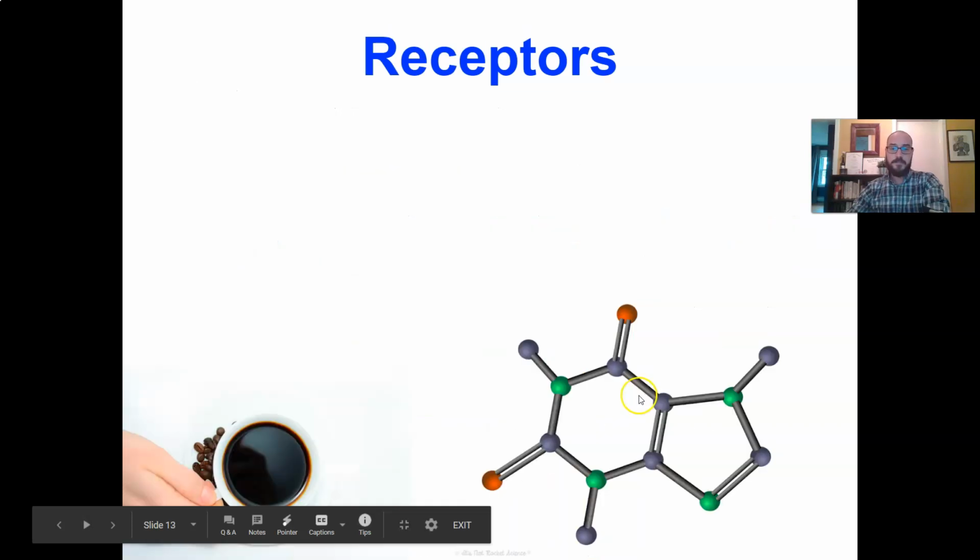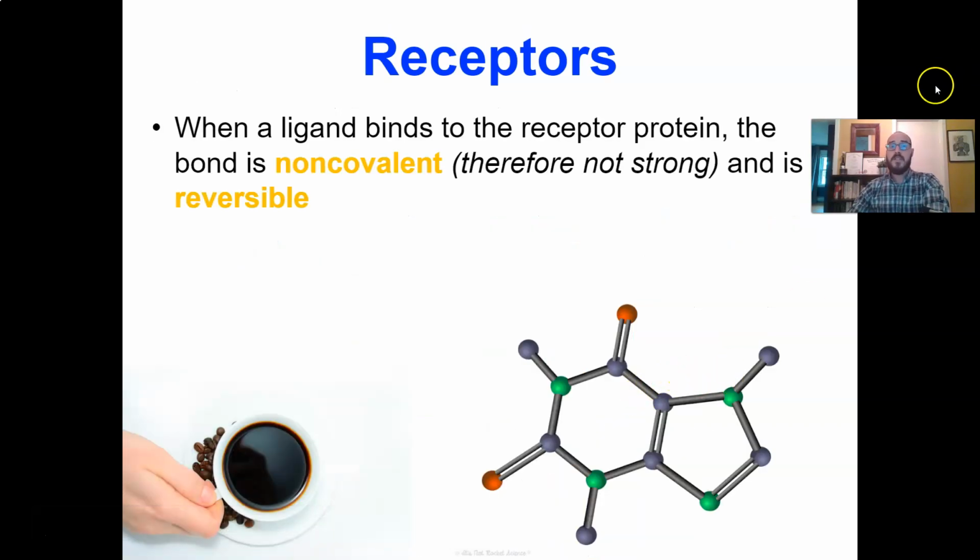What else about receptors? Generally, the bond of the signal to the receptor is going to be non-covalent. Remember, a covalent bond is where things share electrons. They're almost like overlapping. So this is non-covalent. It's usually like an attraction between charges.